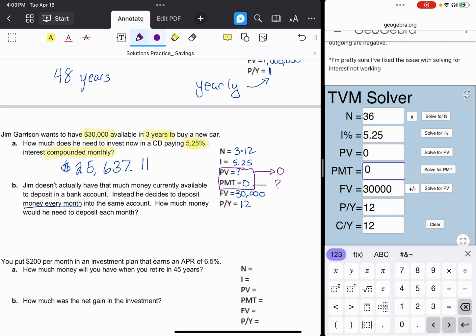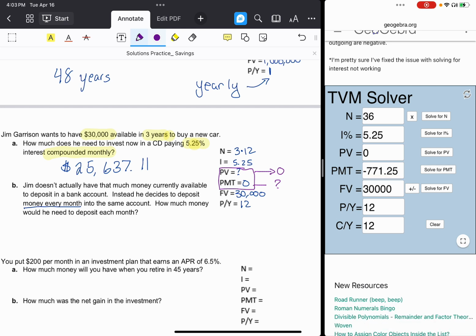And I now am curious, what would my payment amount have to be for my monthly payment? And I find out that Jim here would need to pay $771.25 each month in order to end up with $30,000. And in the long run, he might end up depositing more than 25,000, but it's maybe easier for him to just save a little bit at a time.